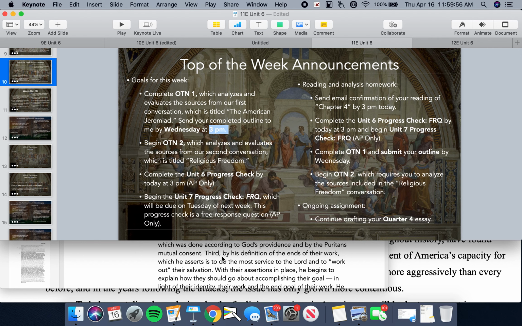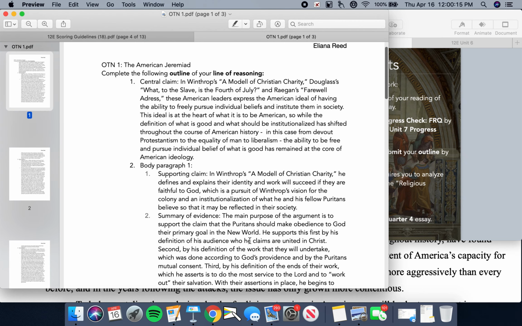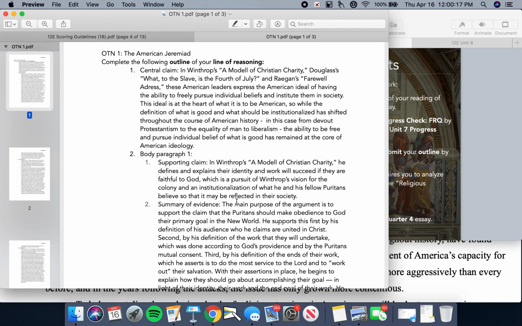I just want to affirm again, very simply, what I'm looking for. The instructions are very straightforward, and if you operate under correct definitions of all the things that I'm asking you for, then you'll give me exactly what I'm looking for. But to provide you a little bit of an example, this is an example of some student work here.